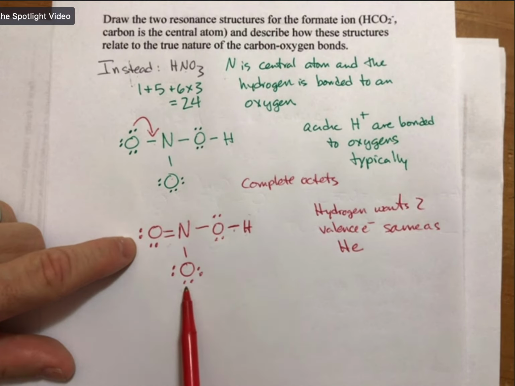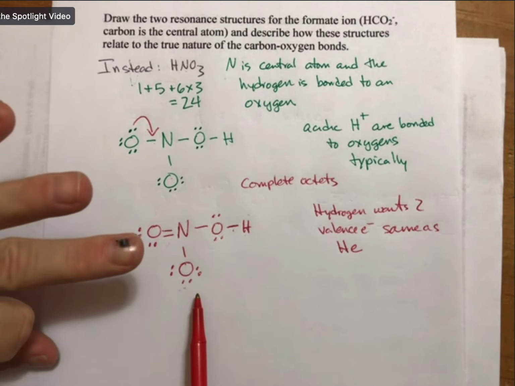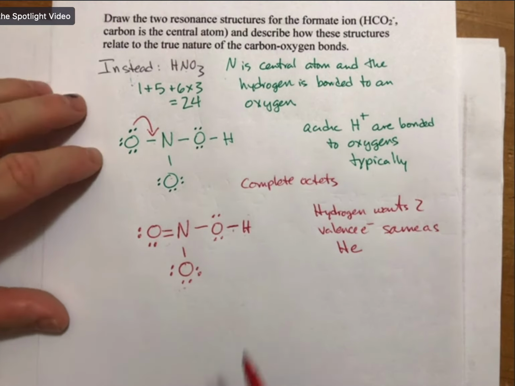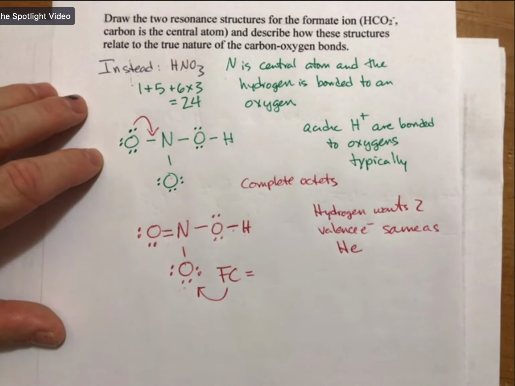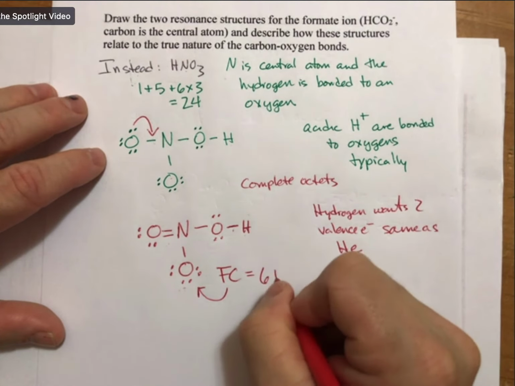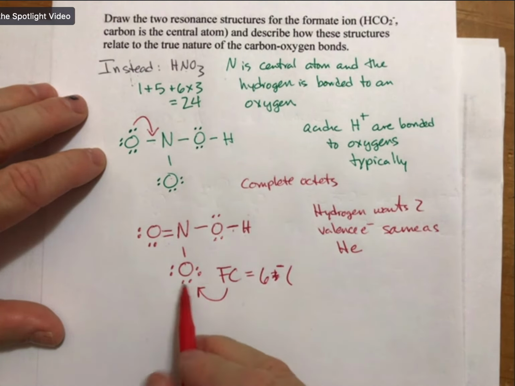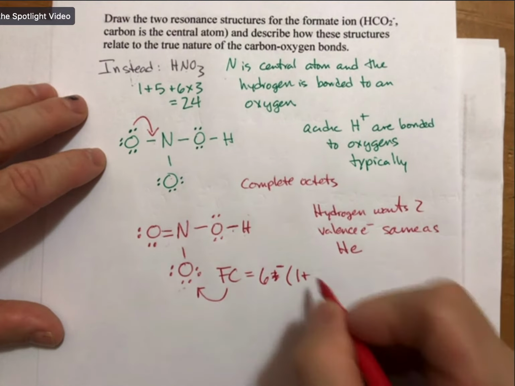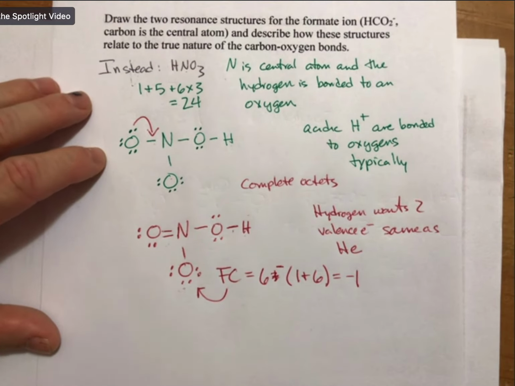If you look down here, you see an oxygen, and this will be our third one of these, by the way, which is an oxygen with 1 bond and 6 valence electrons. Formal charge on this oxygen is going to be 6 minus 1 bond and 6 unshared electrons. We get a -1 formal charge for this oxygen.